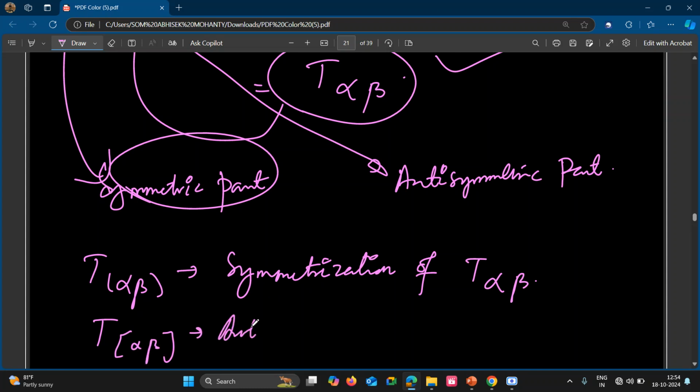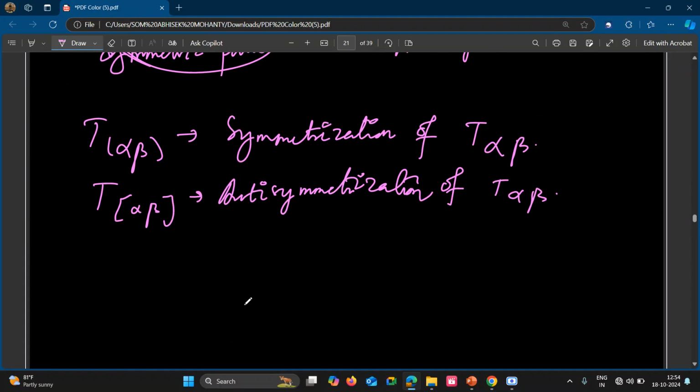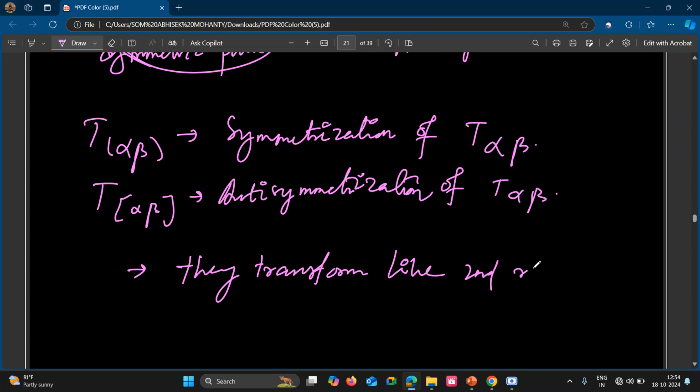Simply anti-symmetrization of T alpha beta. Both these parts transform like second rank covariant tensors, because these are covariant tensors.